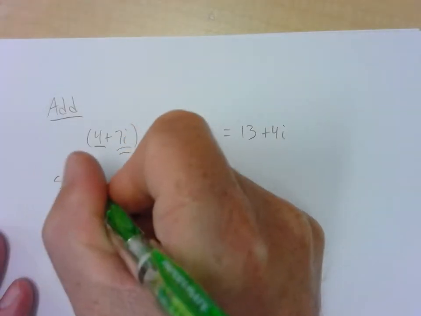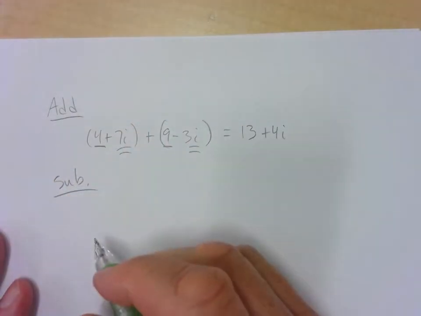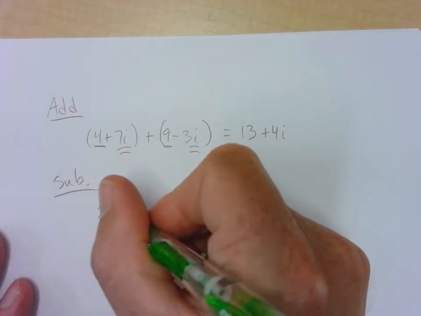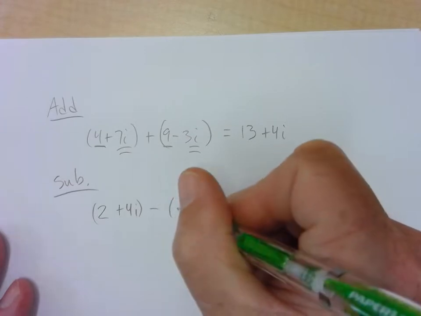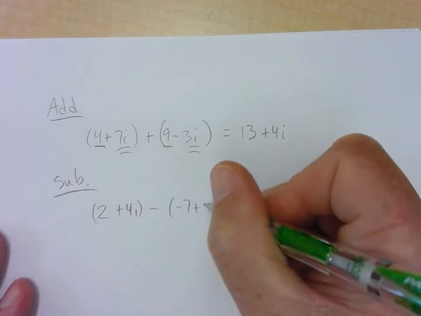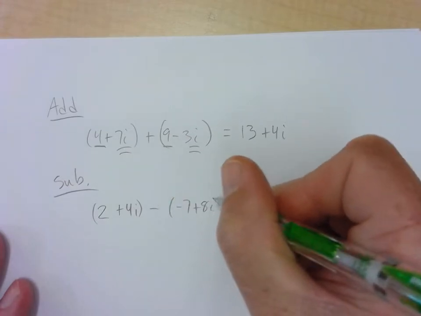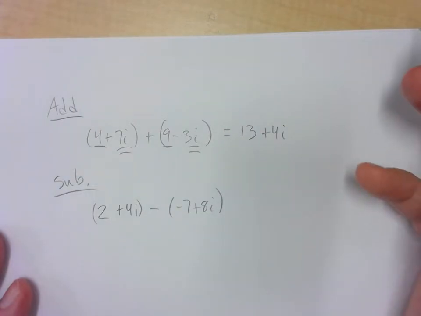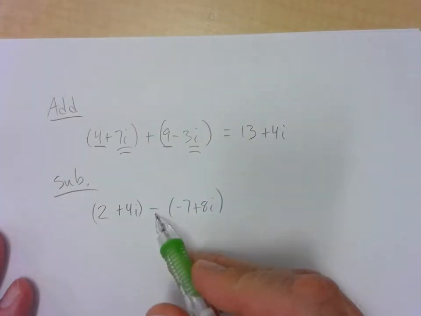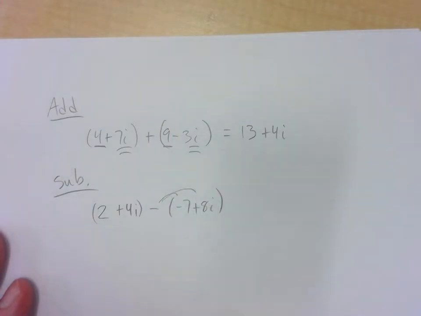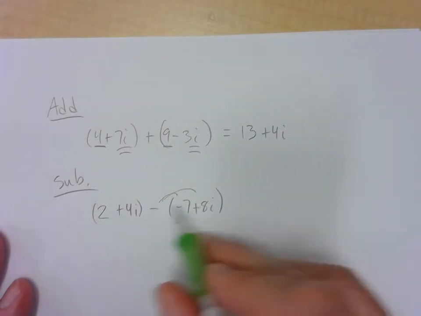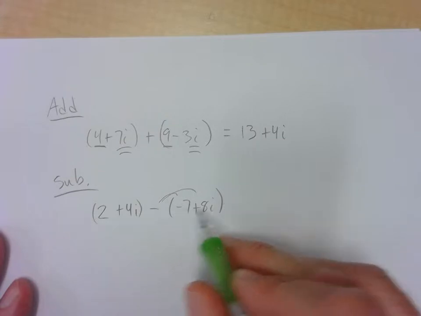Subtract. So subtracting is a tiny bit more complicated. We're going to apply all the same rules of thinking about these in like terms and all that business, but we have to subtract instead of adding. When you subtract, you have to distribute the negative through the parentheses. You have to distribute the subtraction because you're subtracting each part.